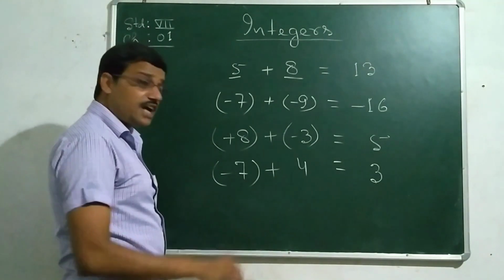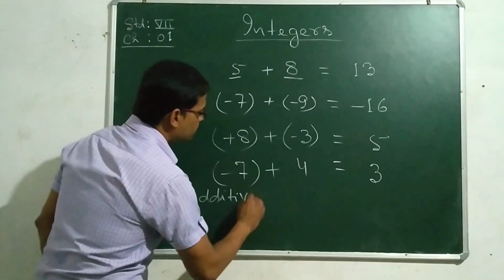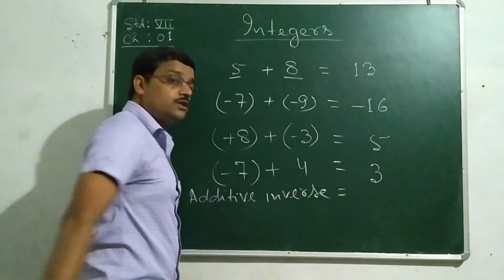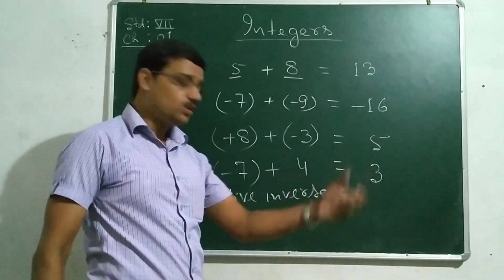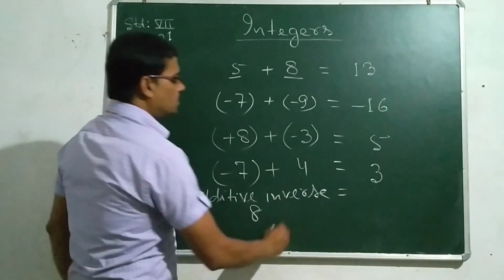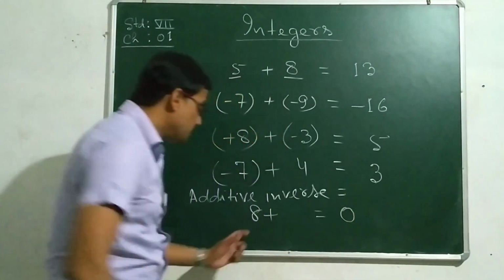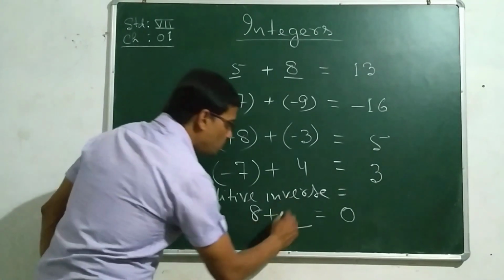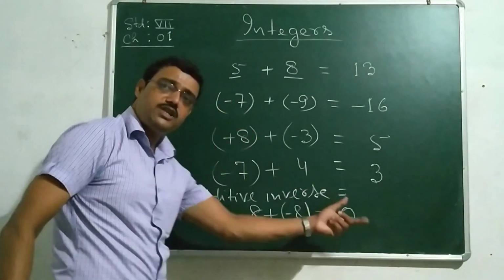Now see what is additive inverse. Additive inverse of a number is the number which must be added to that number so that the result would be 0. For example, if 8 should be added to -8, then the result would be 0.